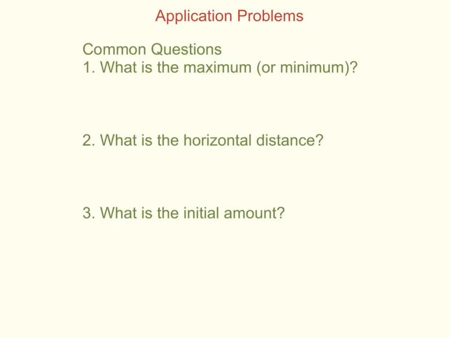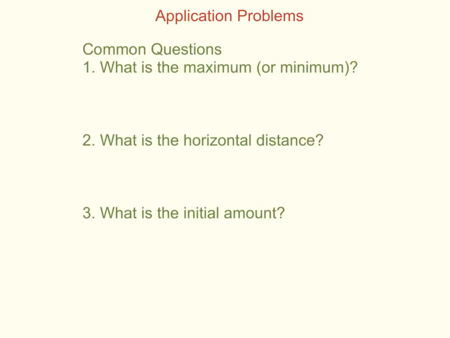Number 1, what's the maximum or the minimum of the value that's being modeled by the quadratic? The other one, you'll hear the term, what's the horizontal distance? And the third one is, what is the initial amount? What happens in all of these is we're looking at some very basic questions from the parabolas. In this case, what is the maximum or minimum?